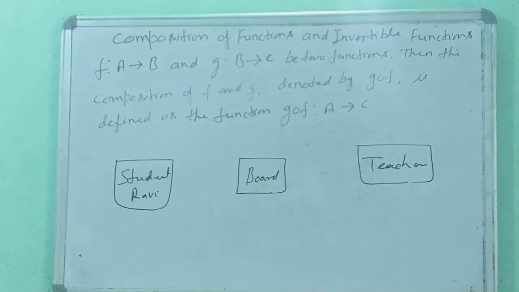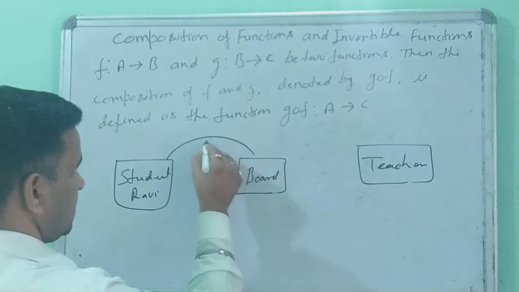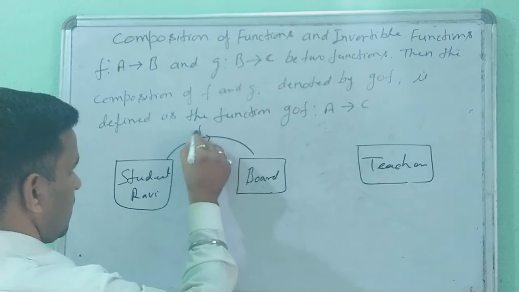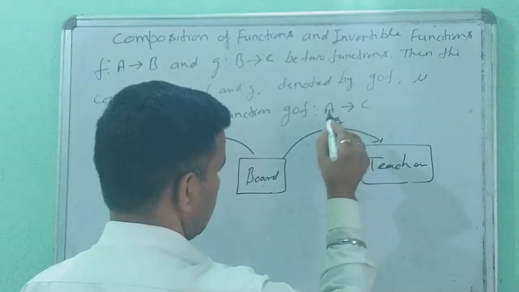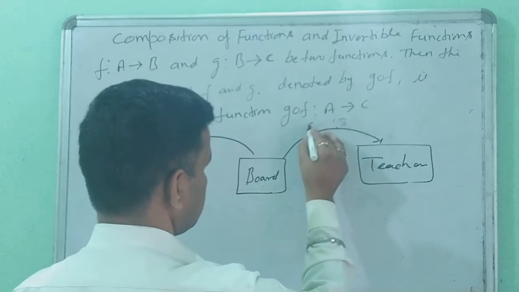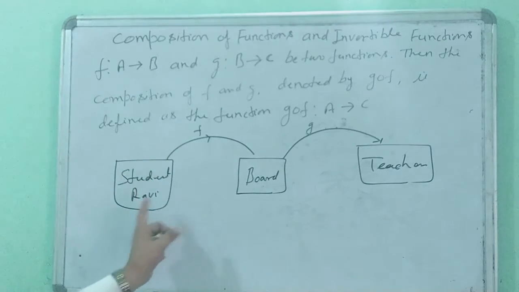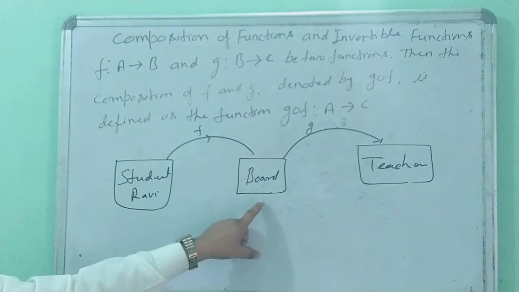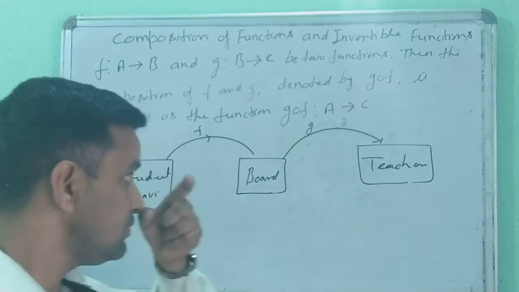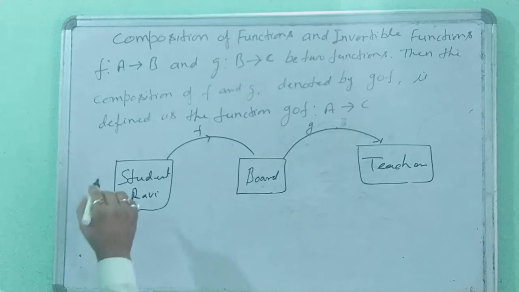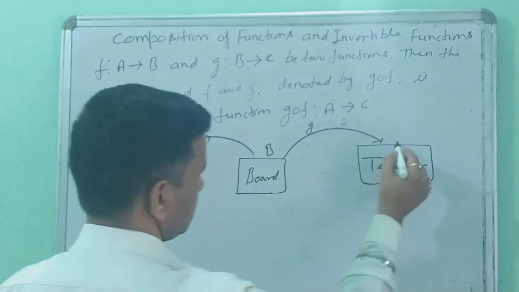Suppose the relation from student to board is called function f, and the relation from board to teacher is called function g. So the student is represented by A, the board by B, and the teacher by C.